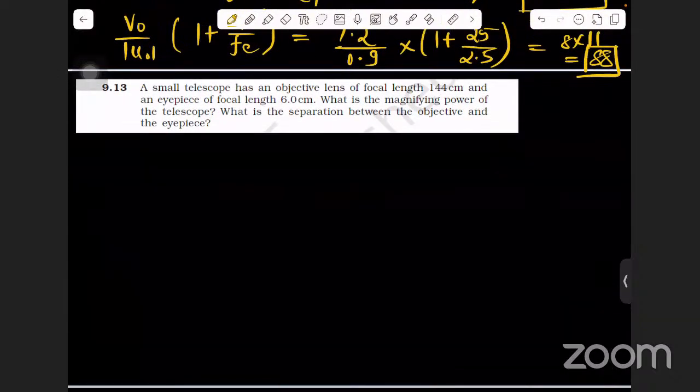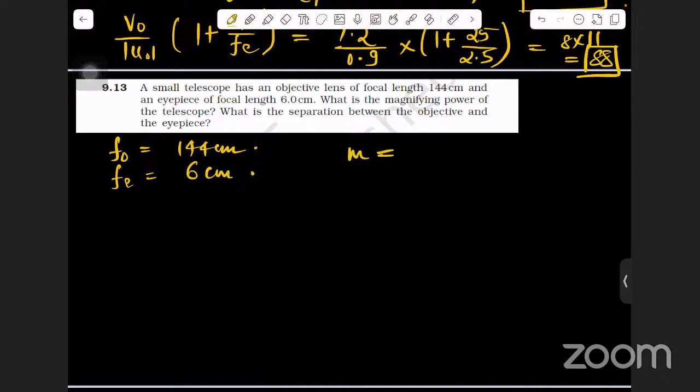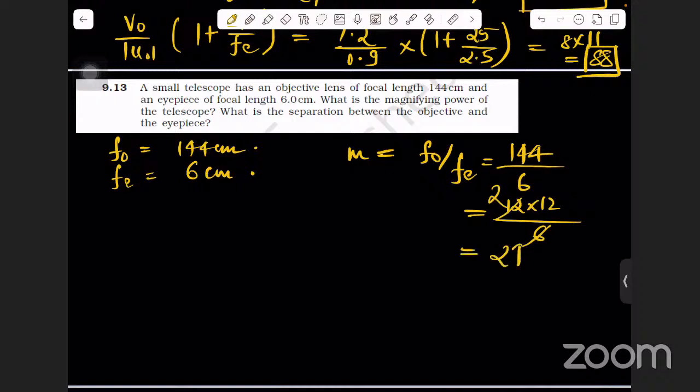A small telescope has an objective lens of focal length 144 centimeters, eyepiece of focal length 6 centimeters. What is the magnifying power of the telescope? You know, magnifying power of the telescope is just f naught by fe. So simple, right? 144 by 6. So it is 24.